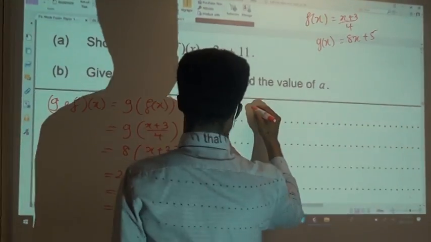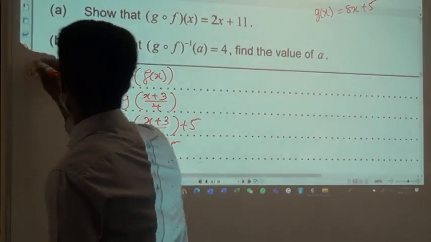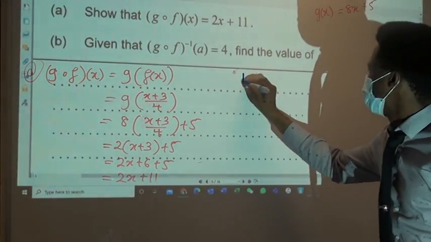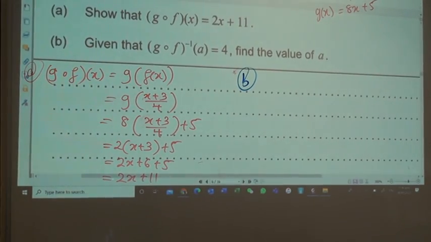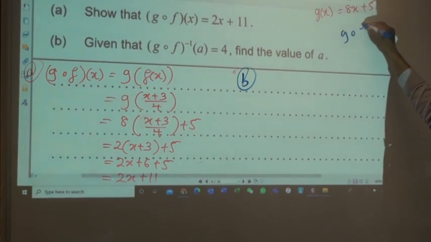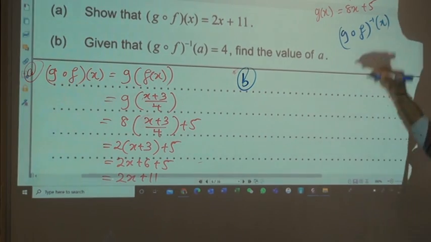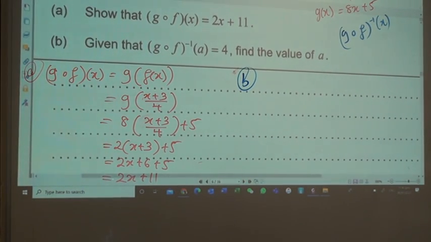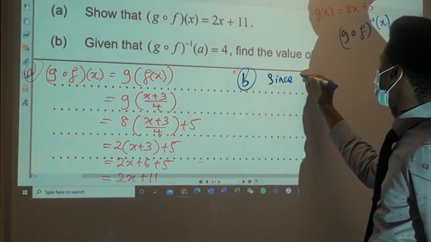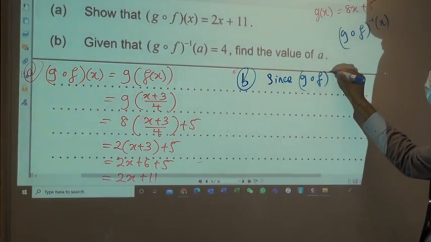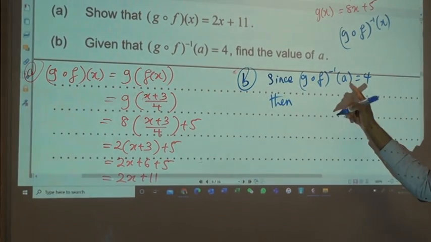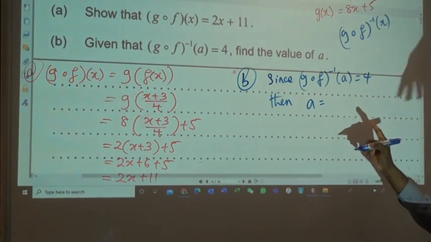Okay? Then, for the second part, this is A. For B, as I said before, half of the class, if not more than half, the first thing you did was to find g composed with f inverse of x. You don't have to do that. We've talked about that, and I wrote a comment for everybody. So all you have to say is, since g composed with f inverse of A is equal to 4, then if you want to isolate A, this goes to the other side but in inverse form.